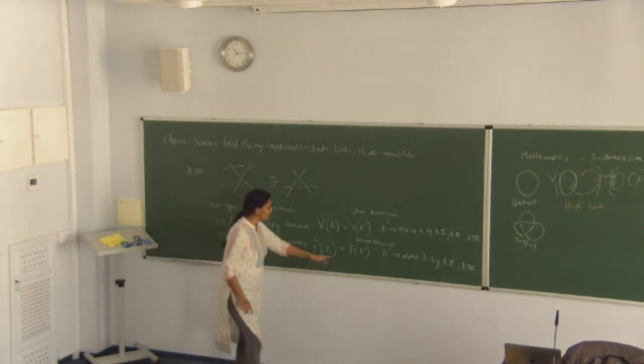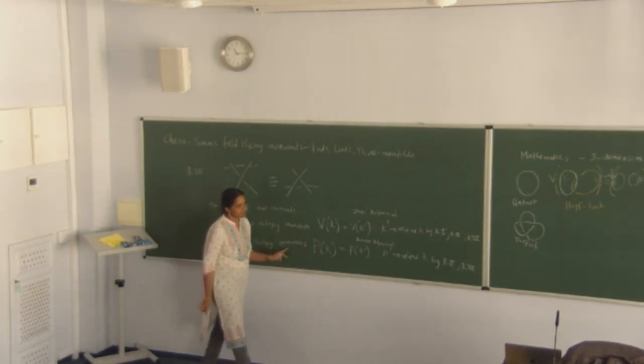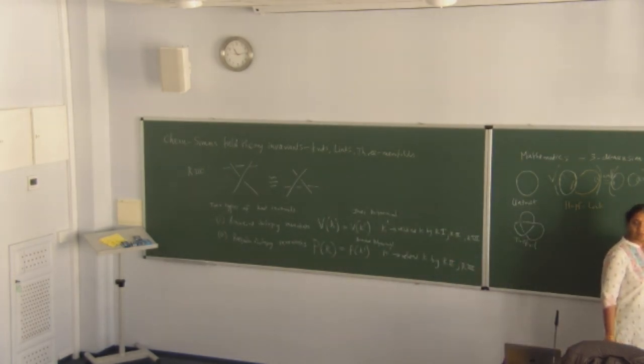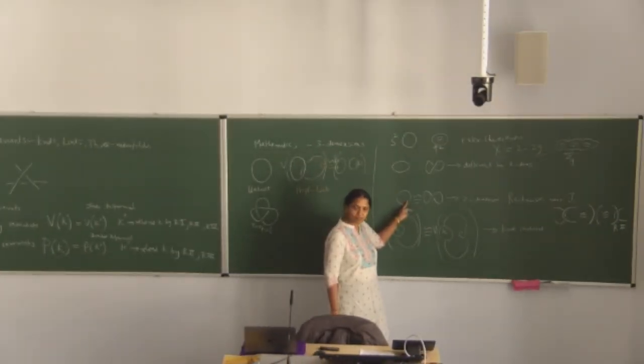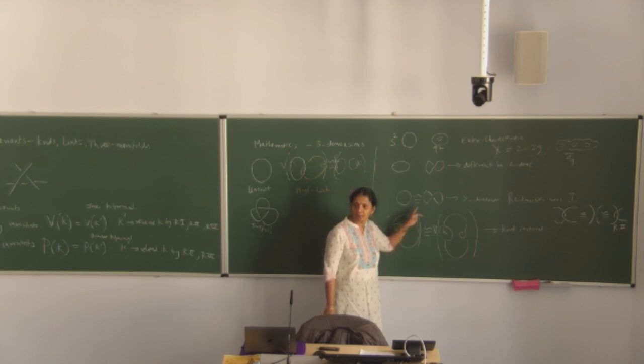So what I am trying to insist here is that if I work out regular isotopy invariant for this, if I work out the regular isotopy invariant for this, it will not be the same as regular isotopy invariant for this, because these two are related by Reidemeister move 1. Okay?